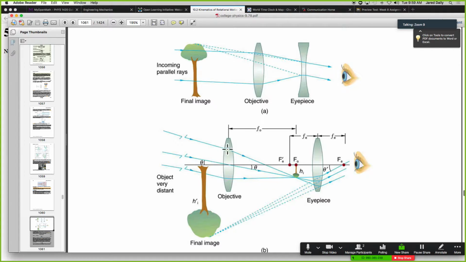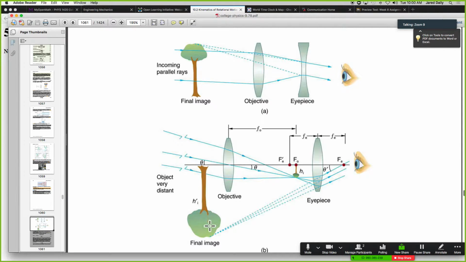The objective lens in the telescope will make an image of that object inside the telescope somewhere, very similar to what the microscope does. And then the eyepiece will make another virtual image of this, but it's not necessarily going to be huge like this. Well, it will be much bigger than this virtual object here, but this final image is not necessarily huge compared to the original tree.